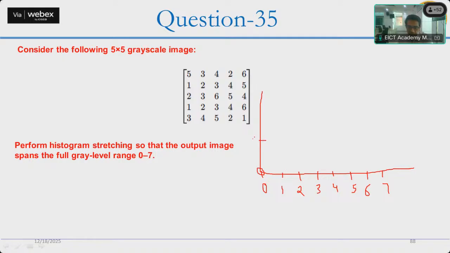It is 3. What about 2? It is 5, absolutely. Let me check it: 1 in the first row, in the second row it is 2, then 3, 4, 5.